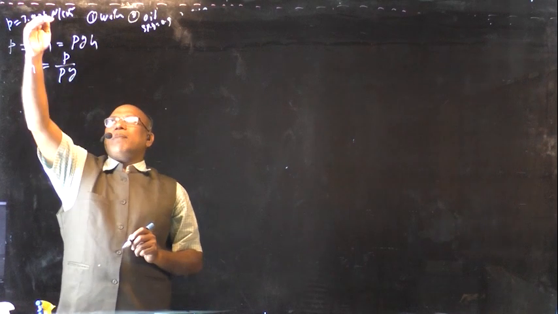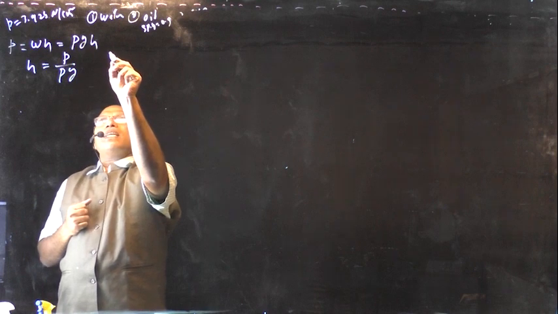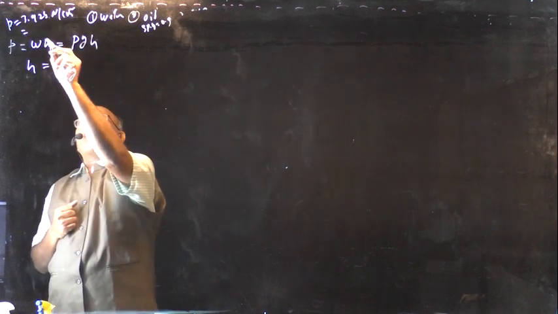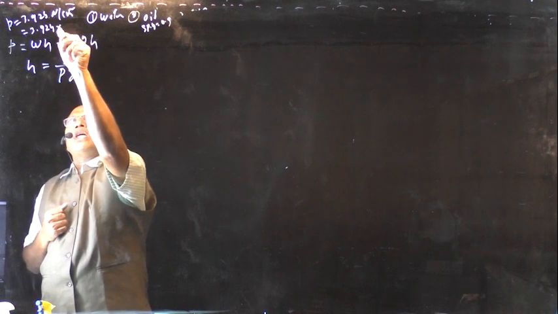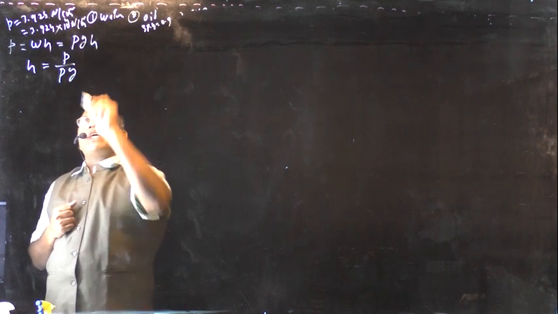But here the pressure is given, that pressure is equal to 3.924 Newton per cm square, that is equal to 3.924 into 10 power 4 Newton per meter square.